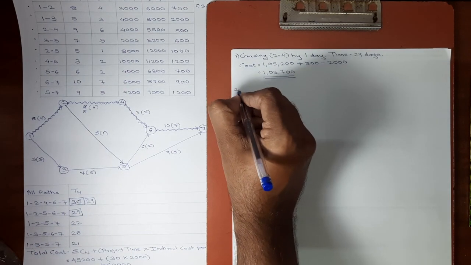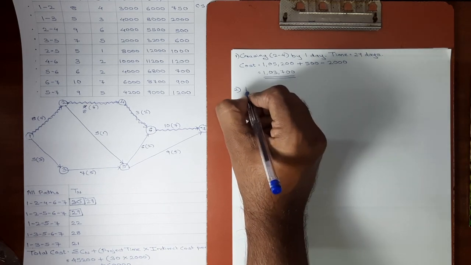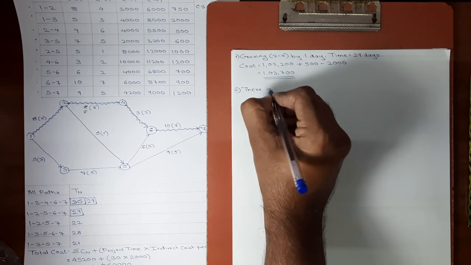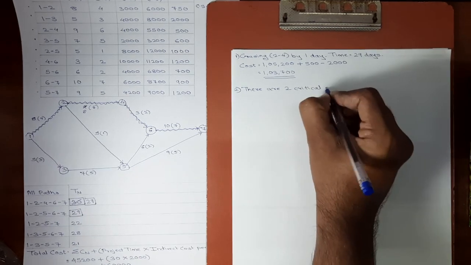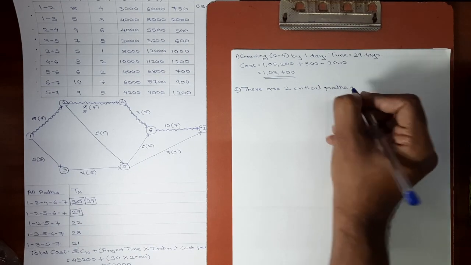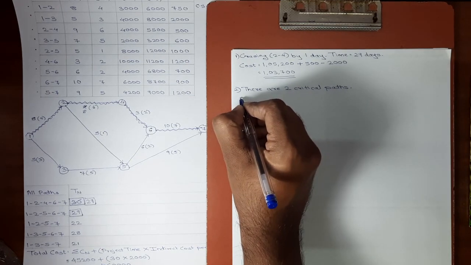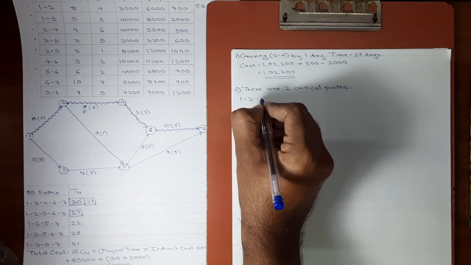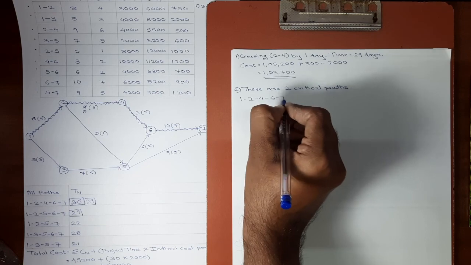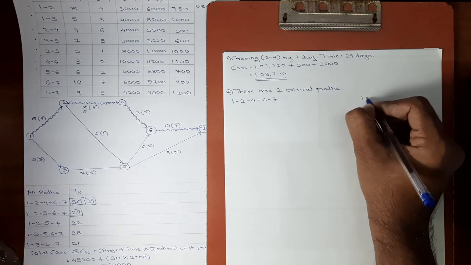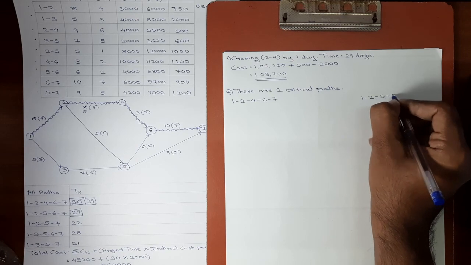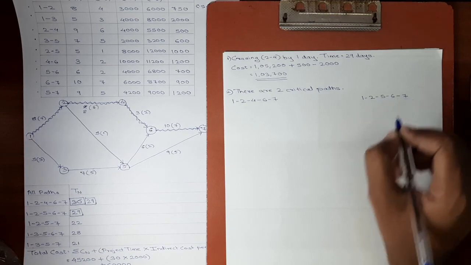I'll just mention it in the second step of crashing now. There are two critical paths. We'll list out both the paths. First path is 1, 2, 4, 6, 7. Second path is 1, 2, 5, 6, 7.